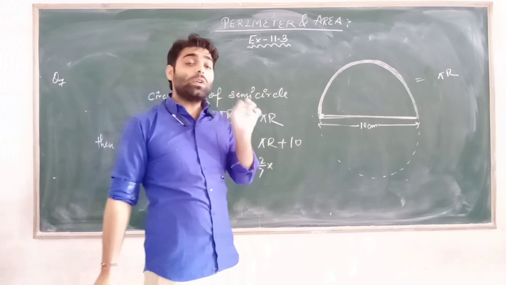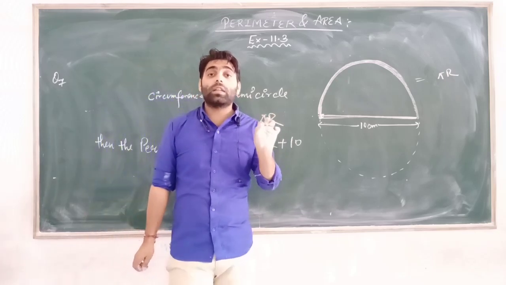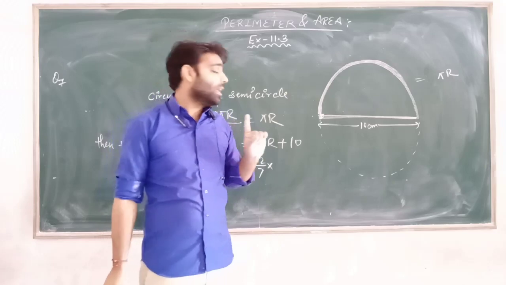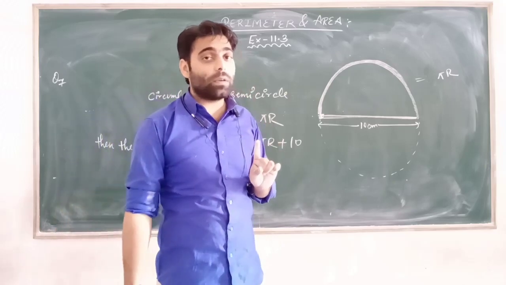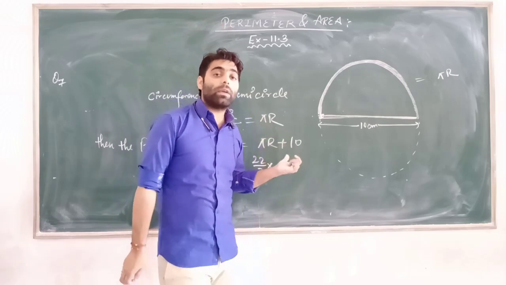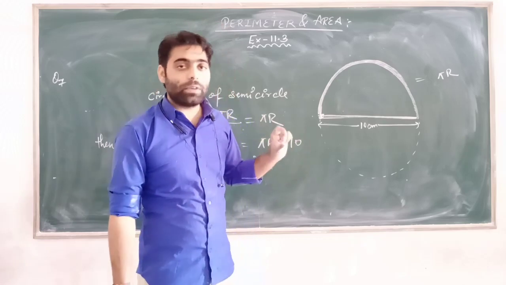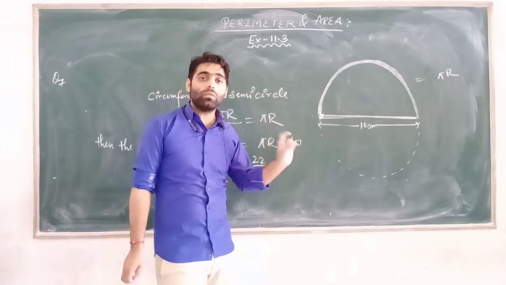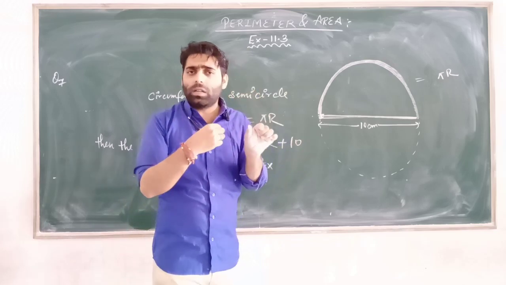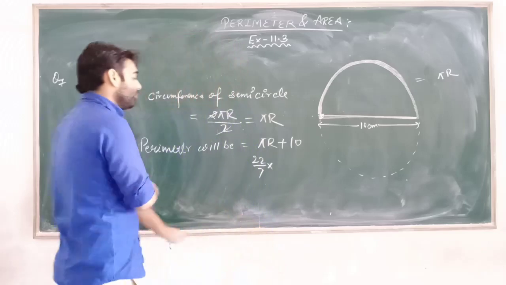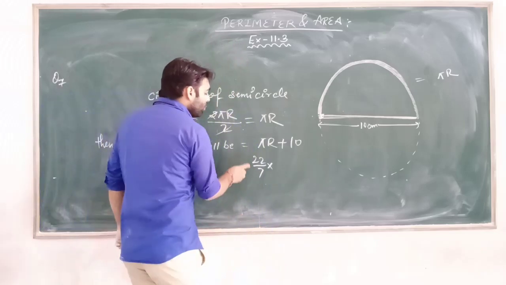We have to put the value of pi as per the instruction given. We can use 22 by 7 if the value of pi has not been given. Suppose the value of pi 3.14 has been given, then we have to put the value 3.14. The answer will differ slightly in the decimal, otherwise there is no problem at all.